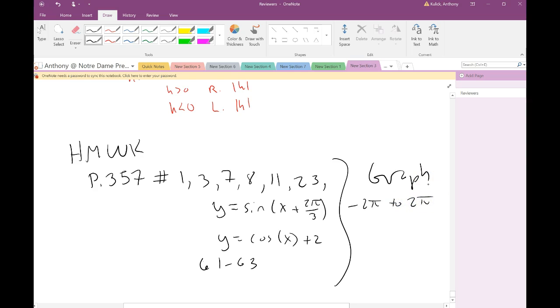So for each of these, I'd like you to graph it from negative 2 pi to positive 2 pi. And make sure when you're doing that, you identify the A, B, H, and K.